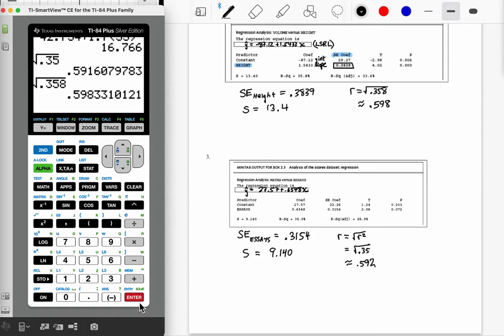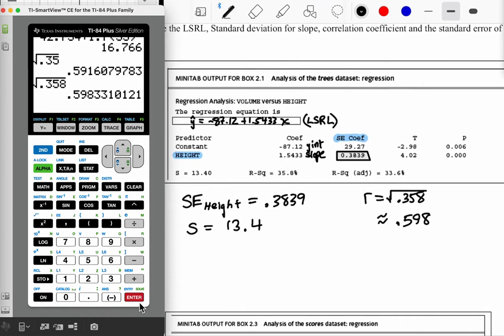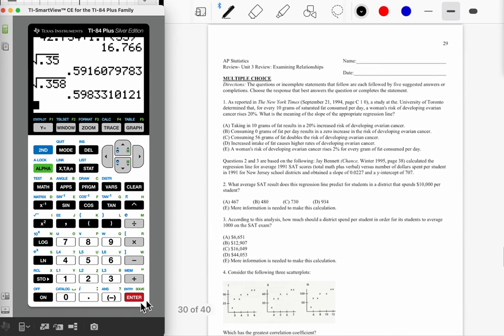You just got to know what each of the things represent, and a lot of it's irrelevant. Unless they specifically asked us for the standard error of the coefficient, we wouldn't consider the 29.27, and we're not going to bother with the t or the p values. So we don't really have to know too much of the table just yet, but the important stuff, obviously. So that's it for the unit.